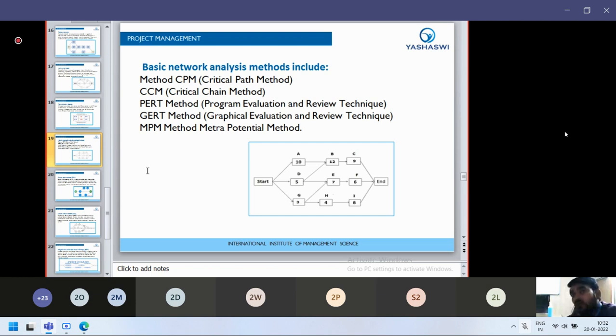Okay, so you need to find out the PERT techniques and tools, or they may draw one sentence and drawing and give you an option of three to four diagrams. So you need to find out which diagram is correct for the project management tools or project network analysis method. Okay, those are the important points as per your university online examination.